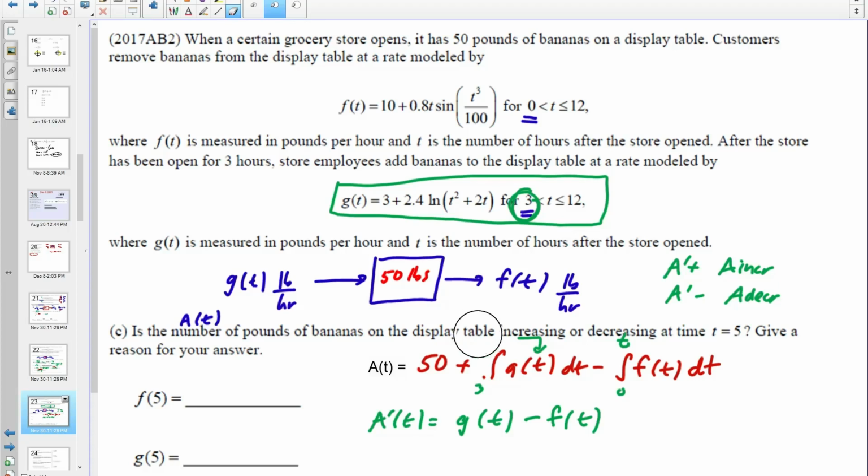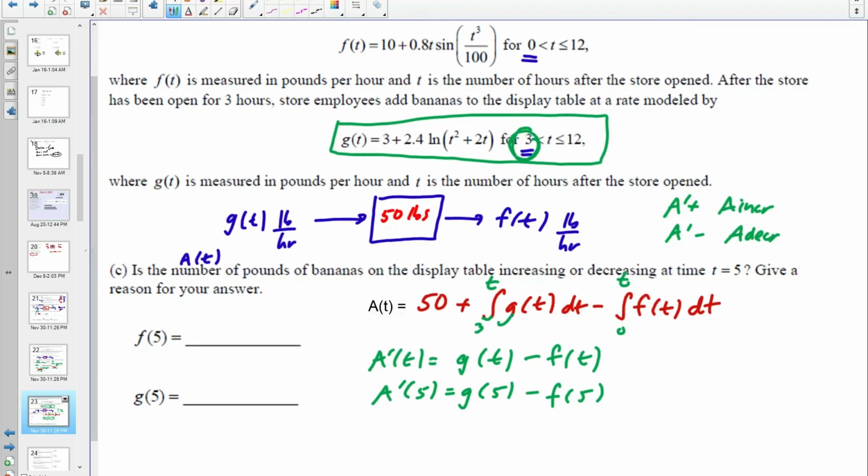Okay? So what did we just get here? The derivative of A is expressed by g(t) minus f(t). So if A prime is positive, then A is increasing. A prime at 5 is going to be g(5) minus f(5). Do you see that this is rate in minus rate out?